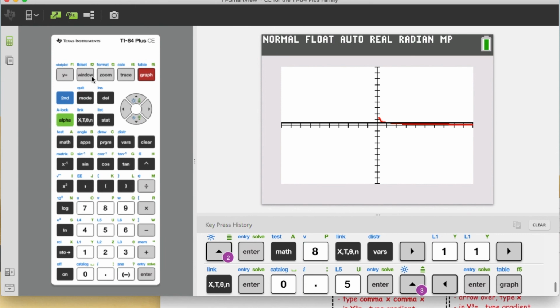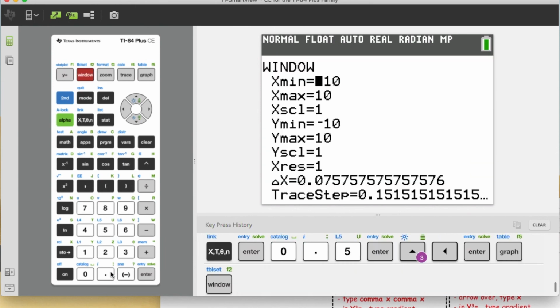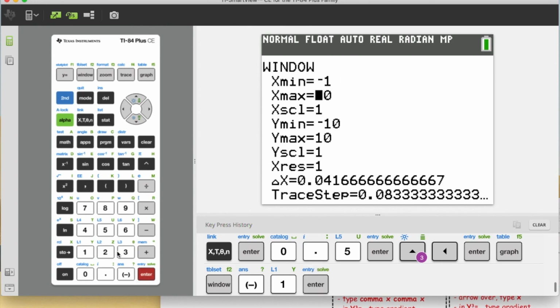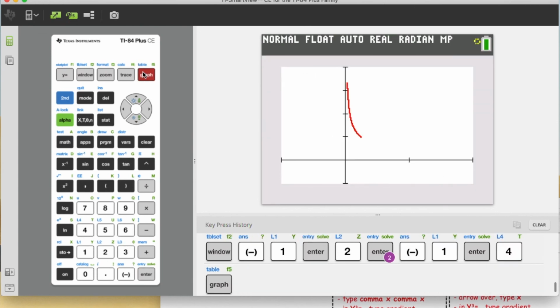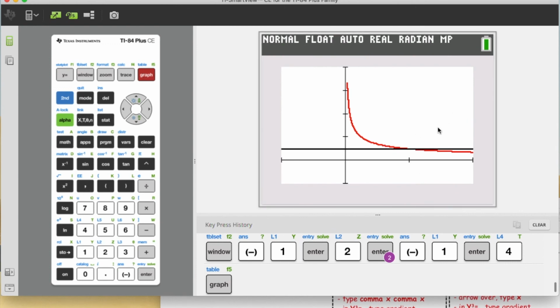I know this is a little hard to see, so why don't we adjust the window to say x from -1 to 2, and then y min to maybe -1. We were in a very short range there, so maybe 4 for the max. Much better, right? So clearly there is a point of intersection right there.